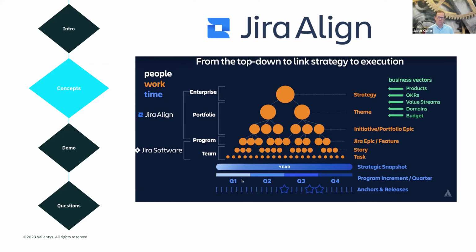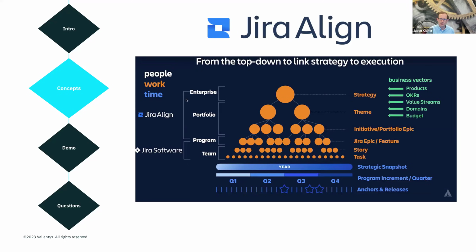And then what's great within Jira Align is you can slot in anchor sprints underneath your quarterly or program increments that can align with the sprint cadence happening over in Jira Software. And those can be mapped under an anchor sprint. So really this tool can roll up from the sprint level to the quarterly increment up to the larger strategic snapshot level, which again, that sort of functionality isn't available in that way within Jira Software proper.